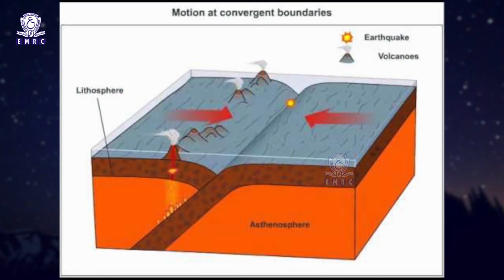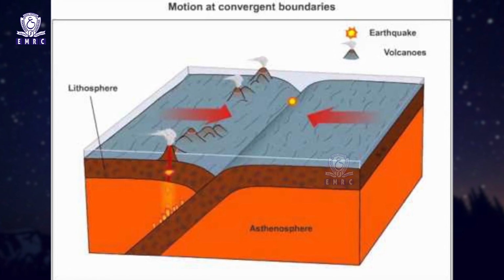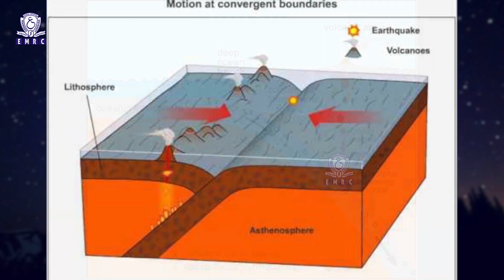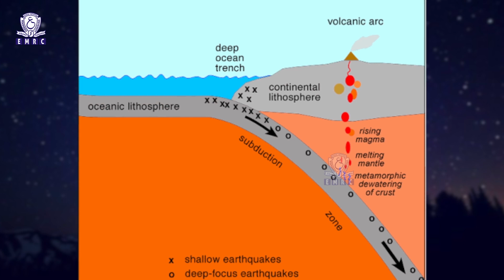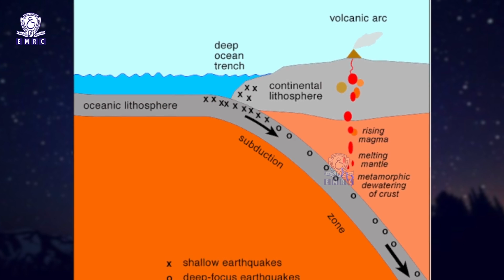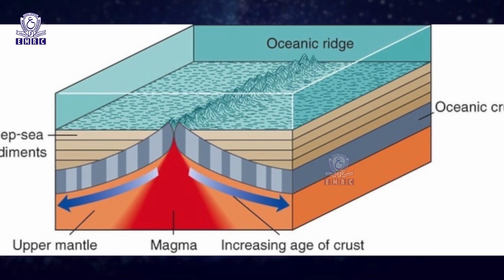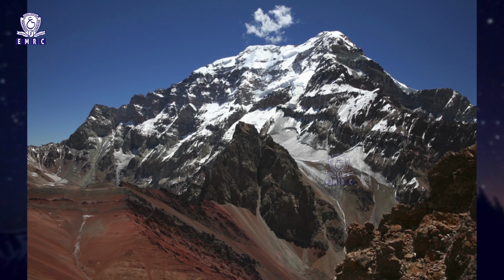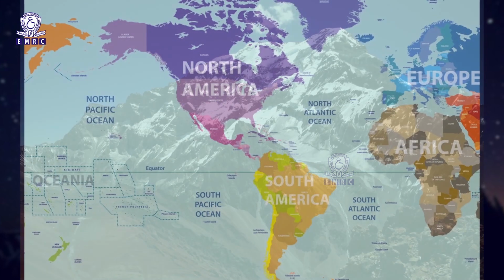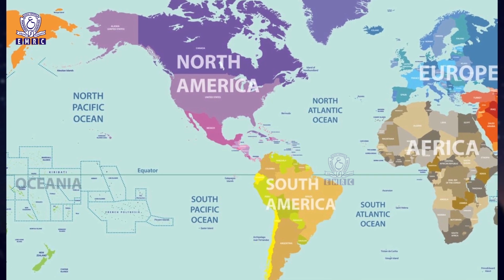The sediments deposited along the continental plate margins are squeezed and folded due to the compressive force caused by the subduction of the oceanic plate. The convergence of continental plate and oceanic plate resulted in the formation of the Rocky and Andes mountains along the western margin of North and South America.